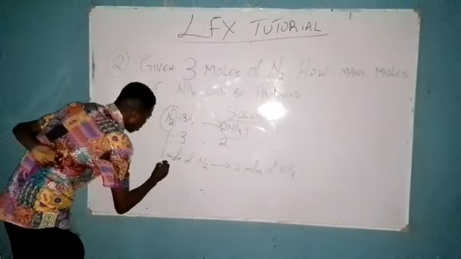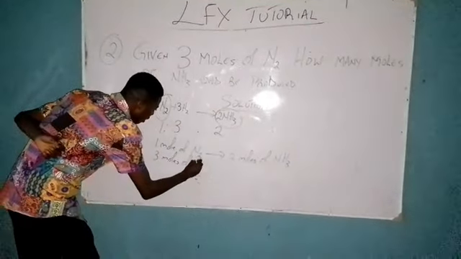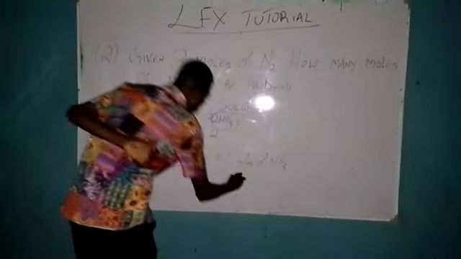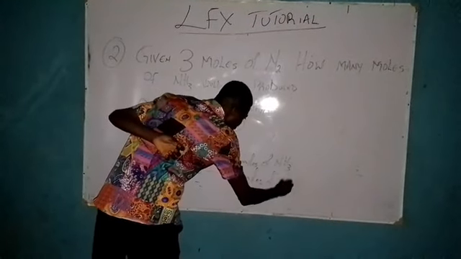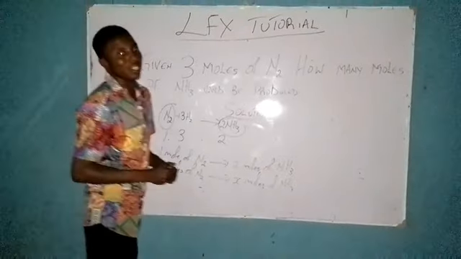You now put: 3 moles of nitrogen gas will produce x moles of NH3.